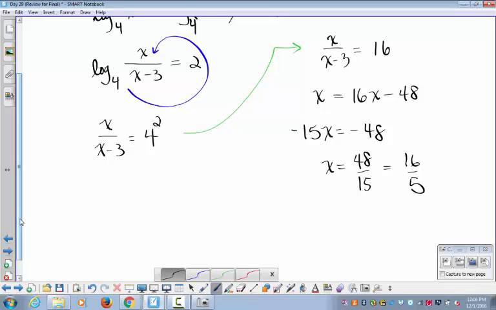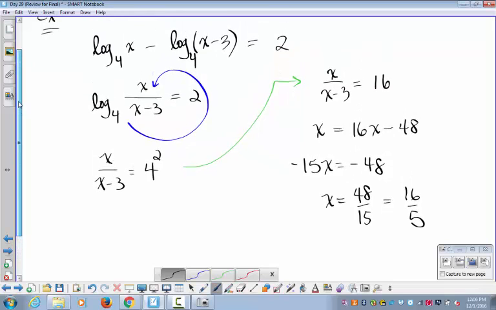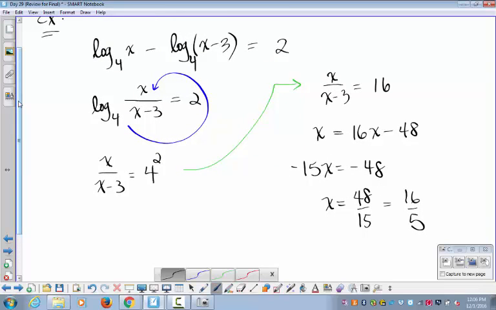Okay. Now with log equations, anytime you're dealing with a log equation, you have to go back and make sure that your potential answer doesn't create a log argument that's less than or equal to 0.